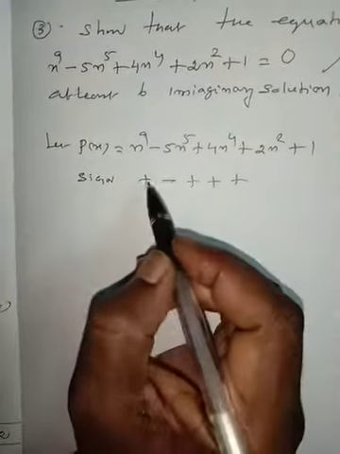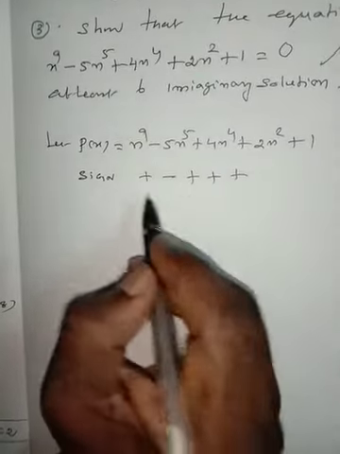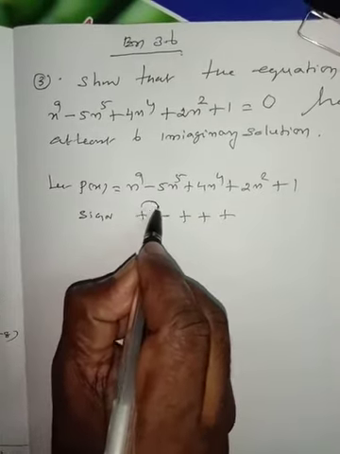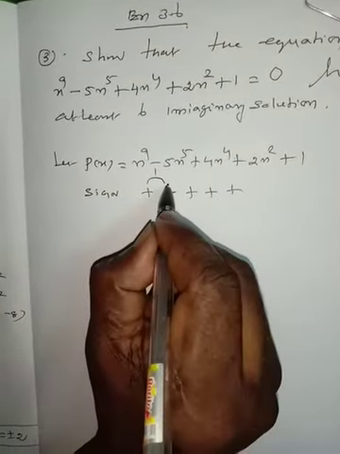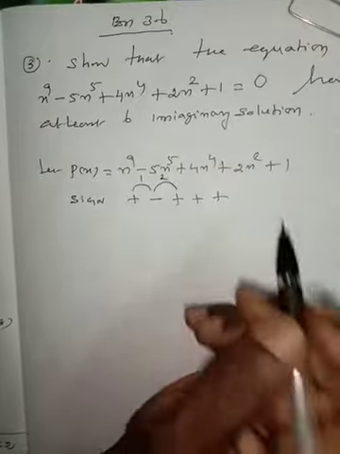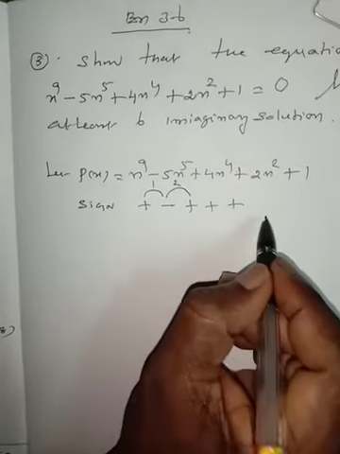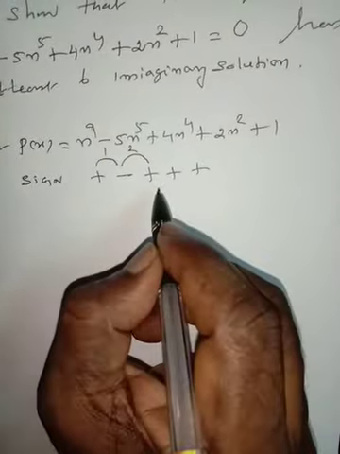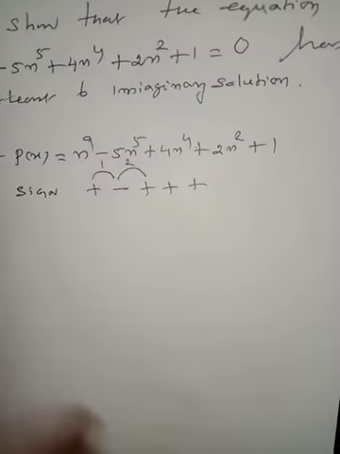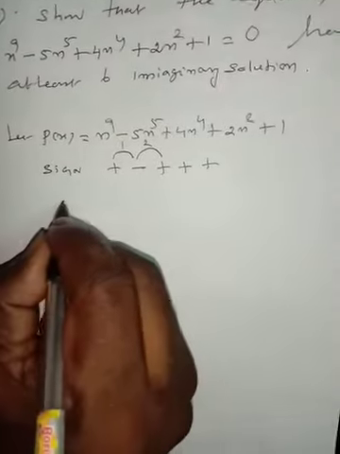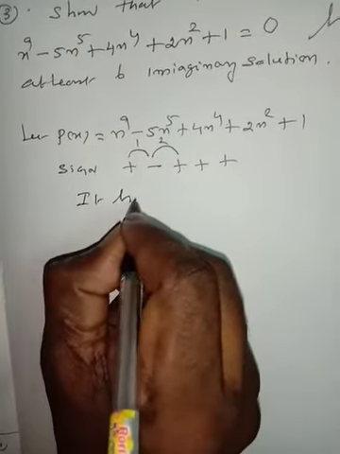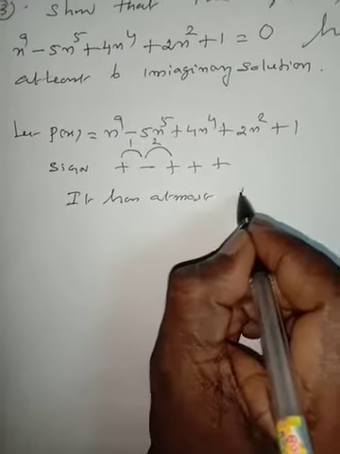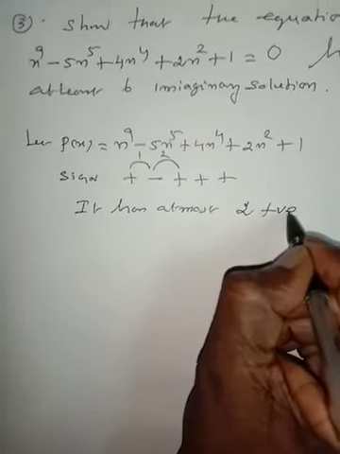There are 5 terms. First we take the sign changes. Plus into minus is 1, minus into plus is 2. Therefore it has at most 2 positive roots.